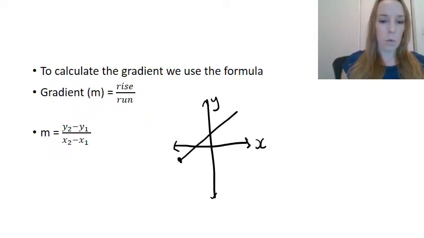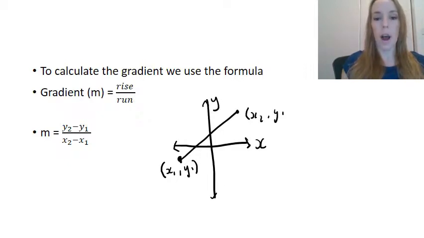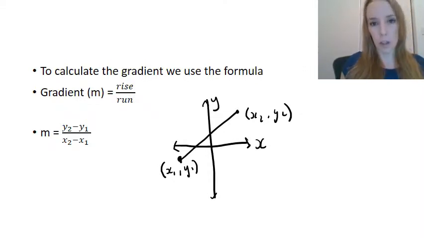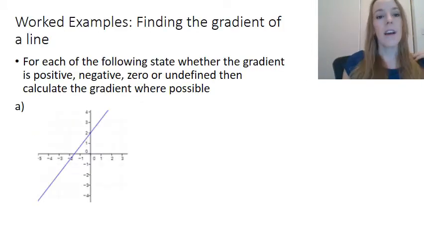So if you can get the coordinates from this point and this point here on your left, that would be x1, y1, and the point up here would be x2, y2, and we know that because we always work left to right, so whatever point is on the left will be the first one, and the point that's on the right will be the second one. Then we can just use those coordinates, plug it into our formula, and calculate the gradient of that line.